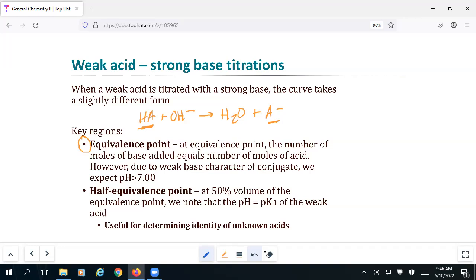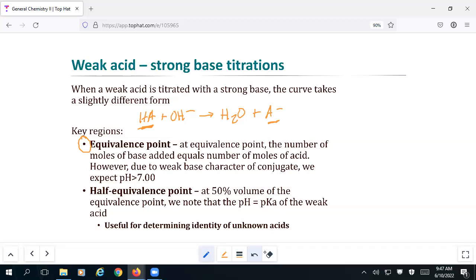That point is significant because we will have converted exactly half of the weak acid into conjugate base, which means if one half has converted, the other half has not. In our Henderson-Hasselbalch equation, I would have equal amounts in the numerator and denominator of that fraction, which would mean that the pH I measure at that point would be equal to the pKa of that acid.